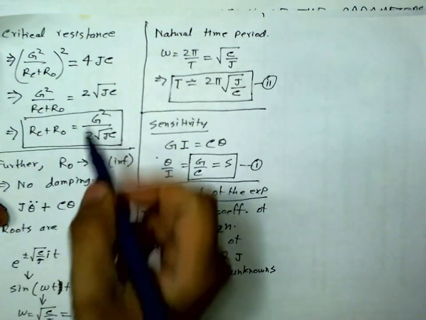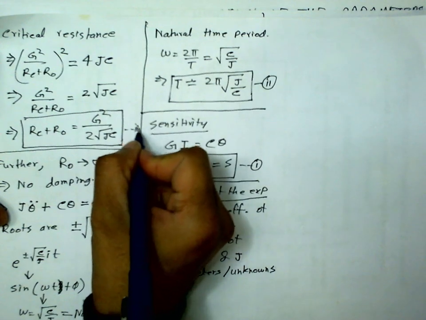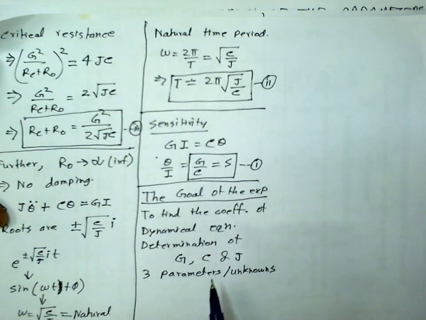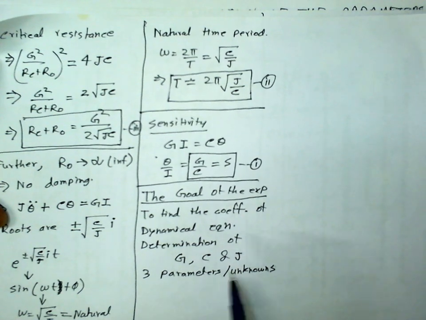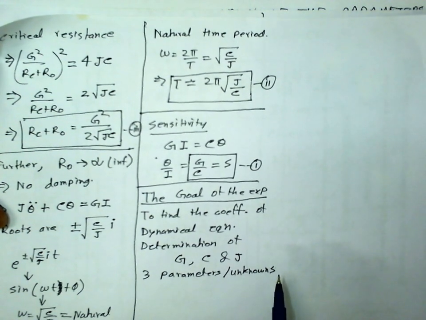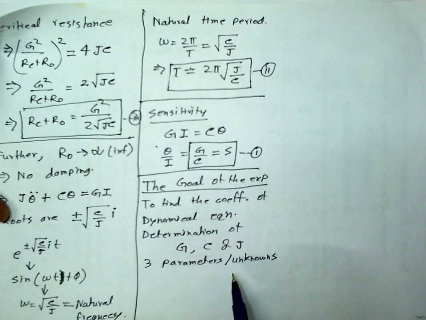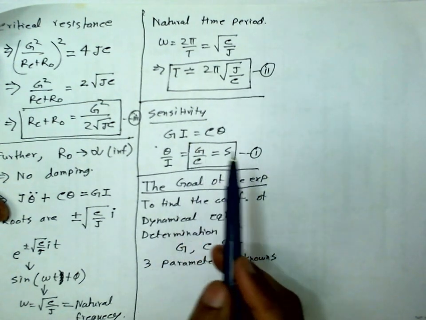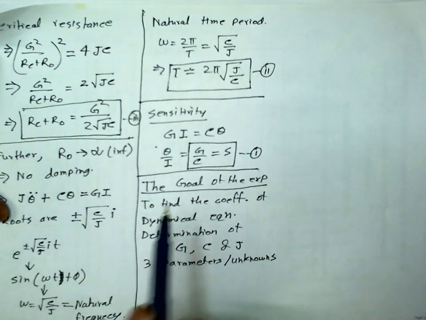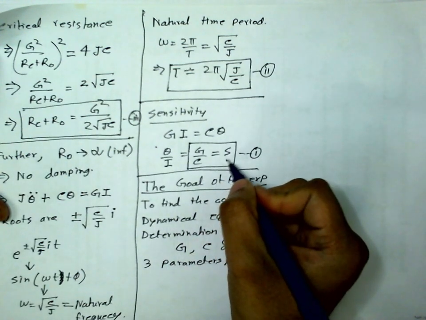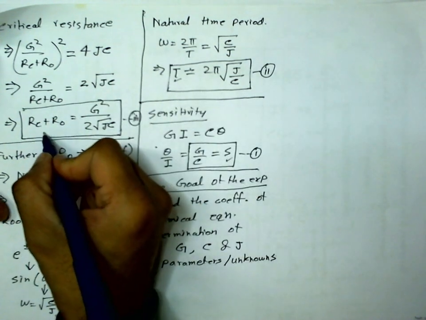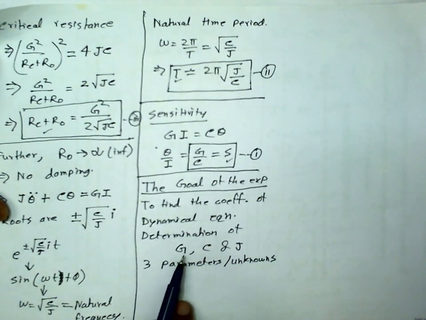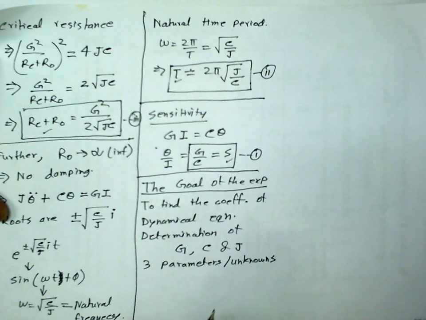So these are the three equations that we have, and from these three equations we have to find these three unknowns. Now we have to do some algebraic manipulation so that we can write G, C and J in terms of the known quantities like S, T and this.